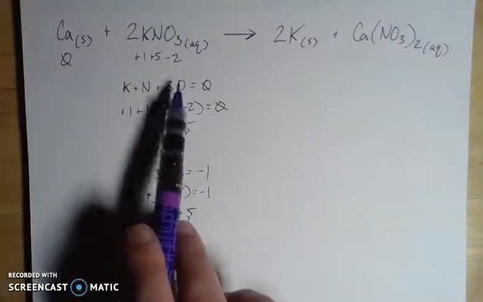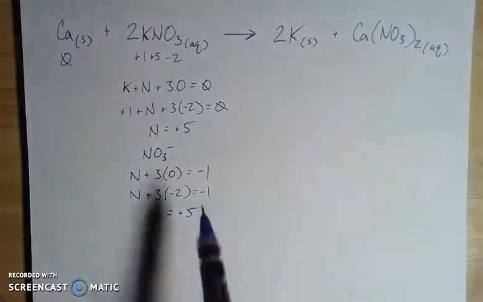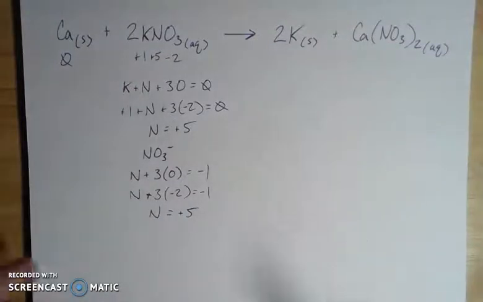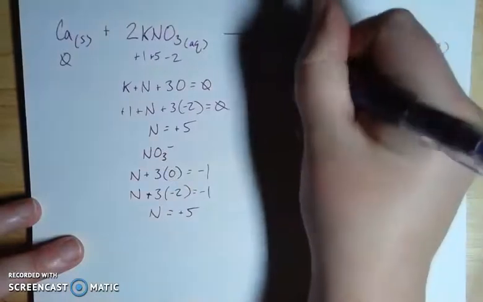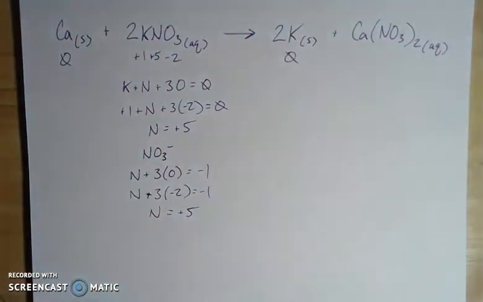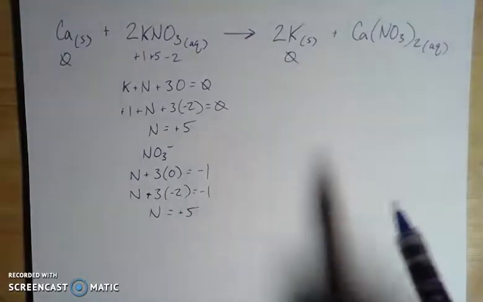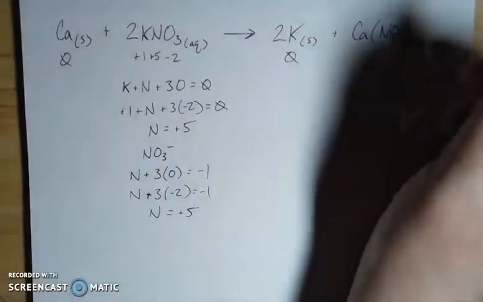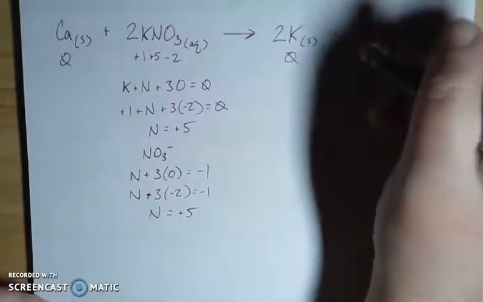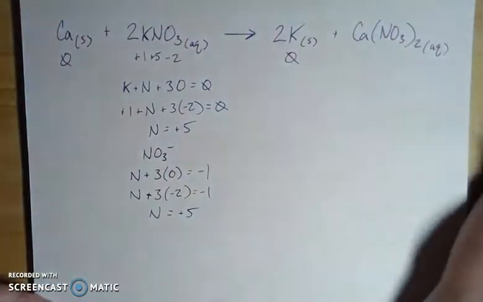All right, so here are our oxidation numbers for our reactants. Now let's go to the product side. If I look at potassium here, it's all by itself. I have a colleague who likes to call this the single ladies rule, because when it's single, you've got to put a ring on it, right? Calcium is a metal, and it's paired with nonmetals, so it is in its ionic form.